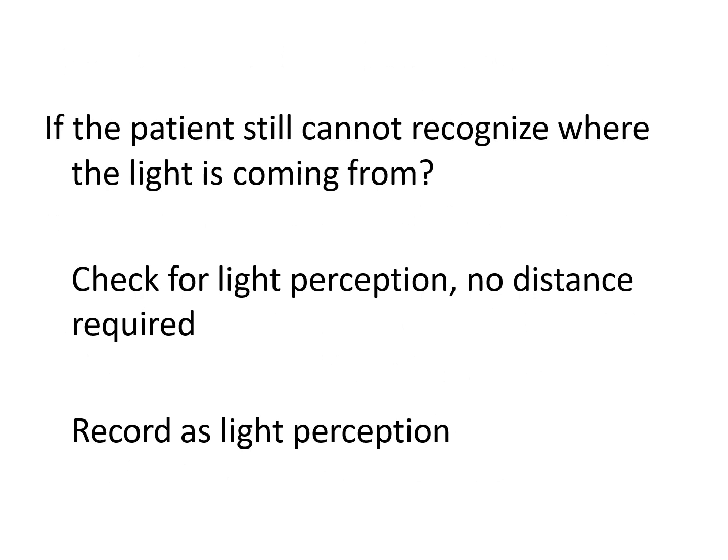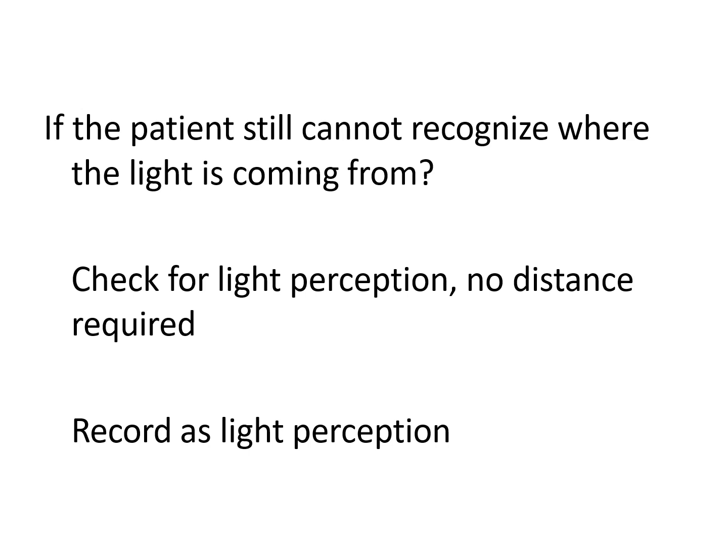However, even if you do the light perception, what if the patient still cannot recognize where the light is coming from? So you only ask the patient for light perception. Because earlier you would want the patient to identify where he or she can locate the light or the area of the light.